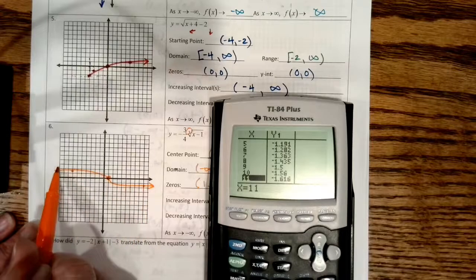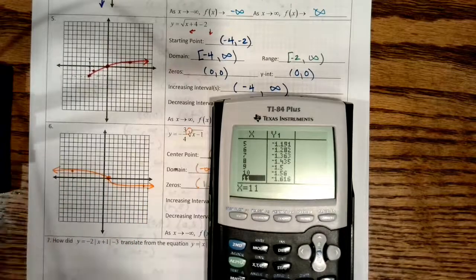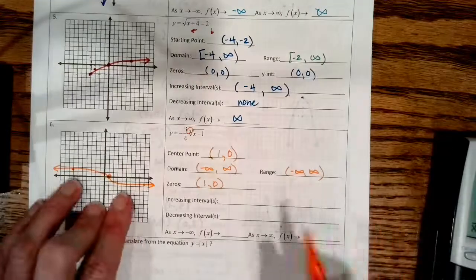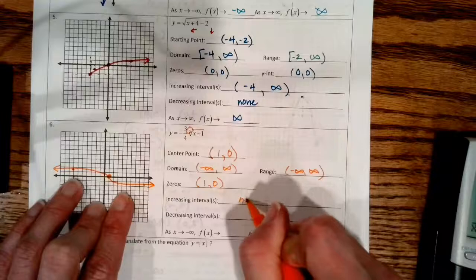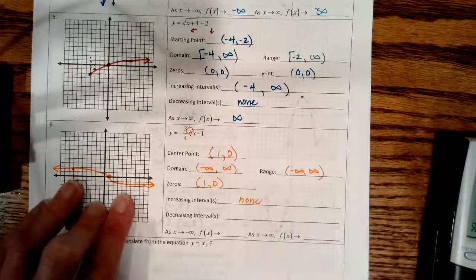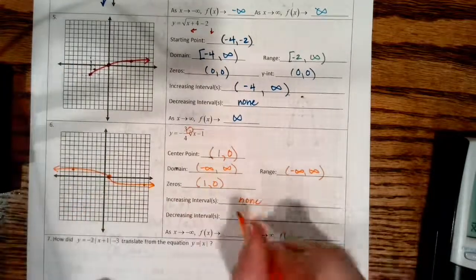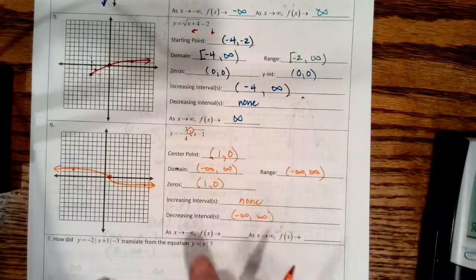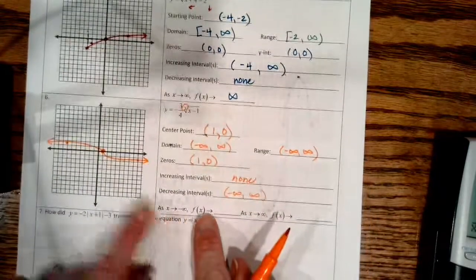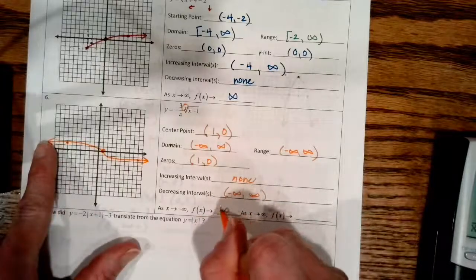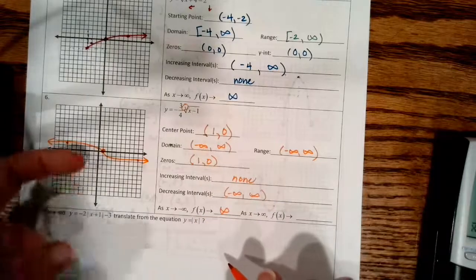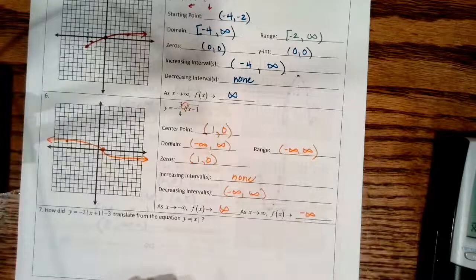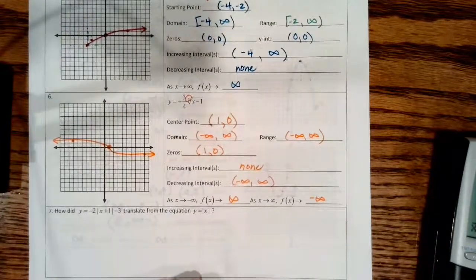It's going to be a long time before I get to an integer value. So where is this graph increasing? Never. So there are no increasing intervals. It is decreasing from -infinity to positive infinity. As my x approaches -infinity, I'm moving up to positive. As my x approaches positive infinity, I'm moving down towards the negative.